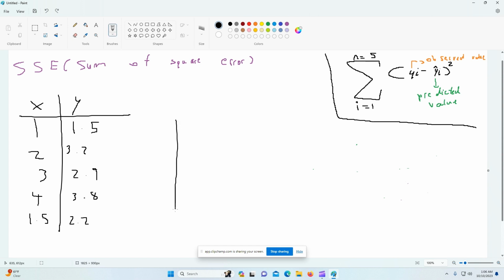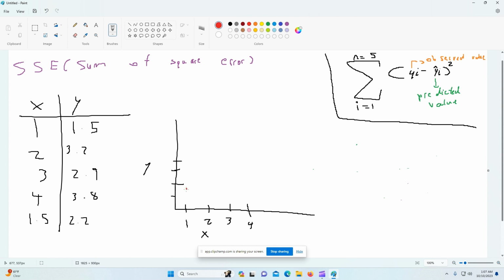Because when we have a data set, I'm going to graph this up. This is our y, this is our x, and I'm just going to plot these.